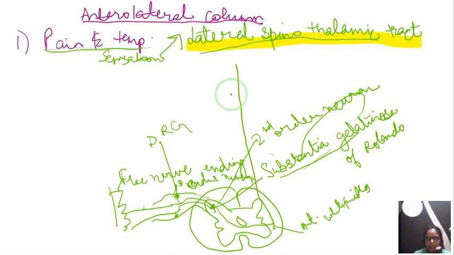Fine. So it is taking the information from every level, from your foot, from your trunk, and from your upper arm, from your cervical region. The sensation of pain and temperature is carried by the lateral spinothalamic tract. These are the pathways which take different kinds of sensations from your body to your brain, so that the brain can sense and process it, and after that it can proceed with the action.